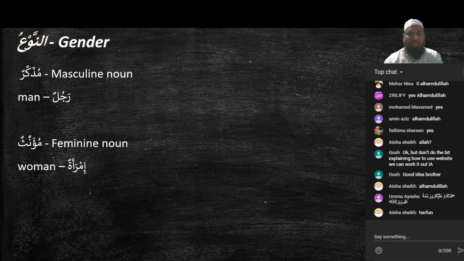The second property of ism is النوع, gender. So in Arabic, we have two genders. Number one is called مذكر, which is masculine noun. For example, man, رجل. So anything that is masculine, it can be human, it can be things.